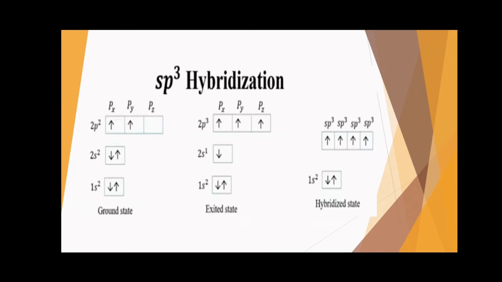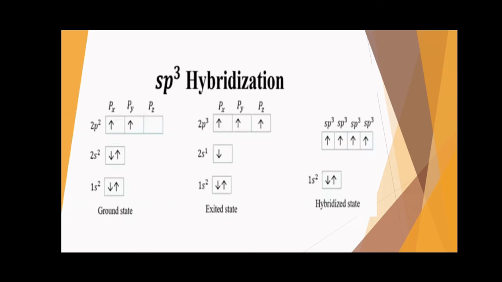To understand sp3 hybridization in detail, we take the example of the carbon atom. We know that a carbon atom has 6 electrons. You can see the ground state of the carbon atom, in which we have 2 electrons in the 1s orbital, 2 electrons in the 2s orbital and 2 electrons in the 2p orbital. But according to valence bond theory, only those orbitals take part in bonding which are half filled.